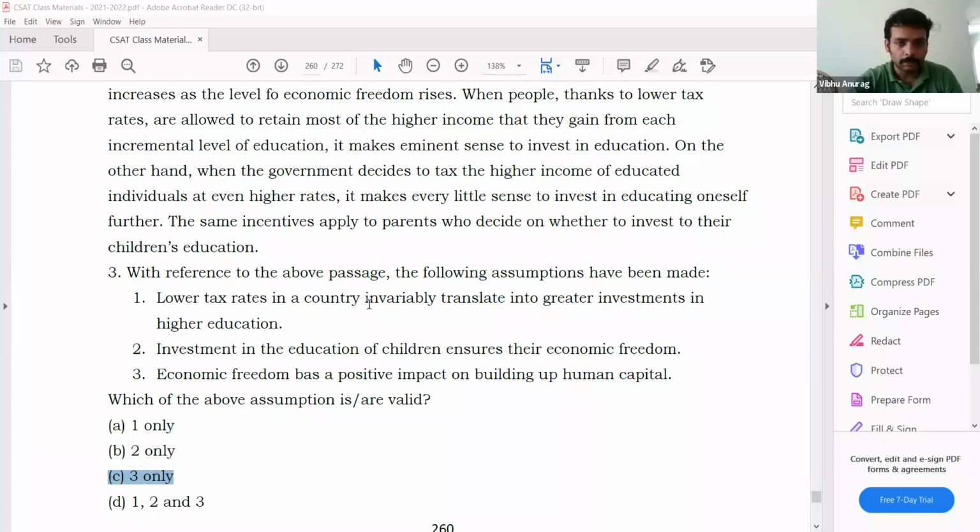Why is one wrong? Because of the word invariably. It doesn't guarantee it, right? It just promotes it. That's why. It's not guaranteeing it. So the answer is C, 3 only.